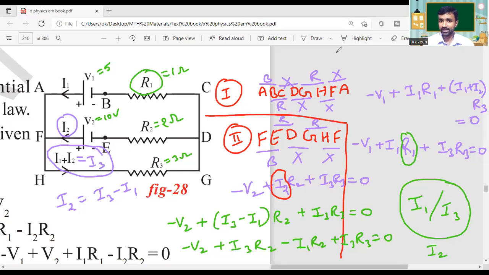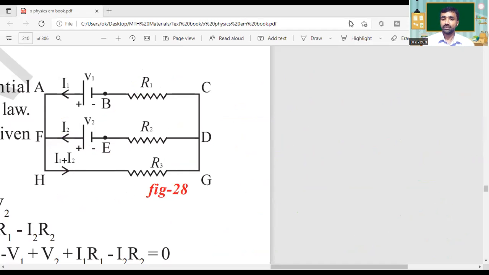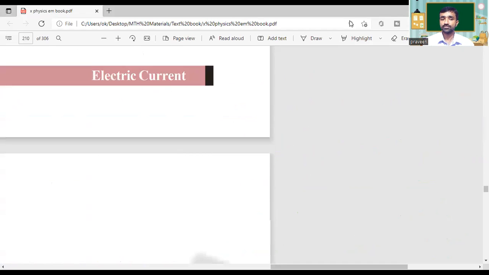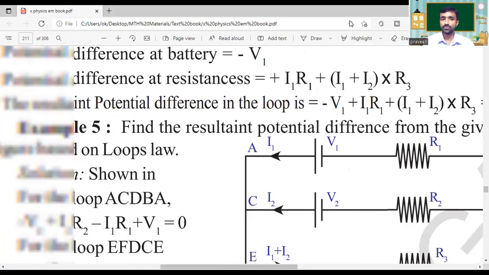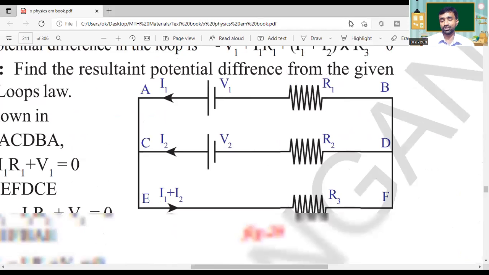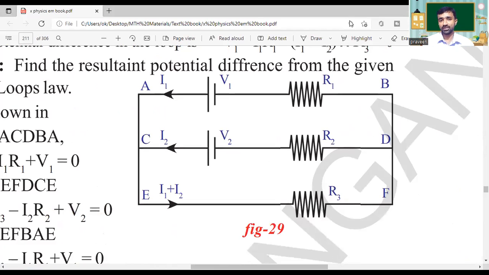Okay, then I'm moving to another one, example number 5. Example number 5 also involves writing the equations. I think there is no difference.